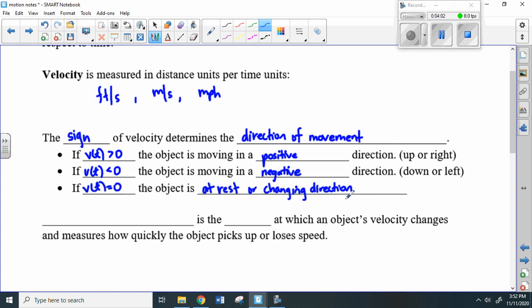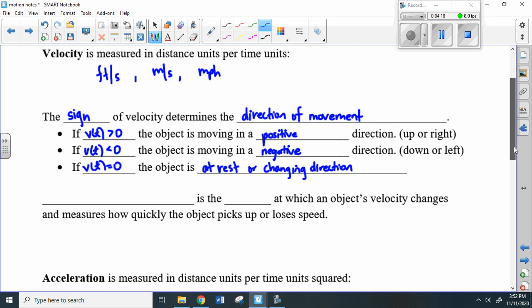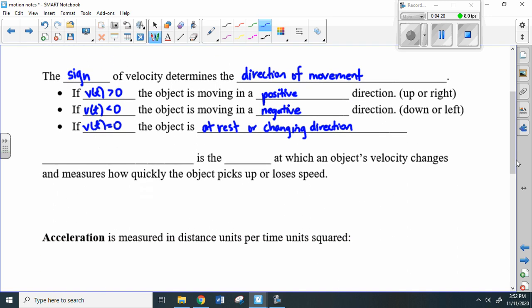So if velocity equals 0 and there's no sign change, then the object is just at rest. But if the velocity equals 0 and there is a sign change, meaning it changes from positive to negative or negative to positive, then we definitely know that there's a change in direction. It's taking a brief rest and changing direction.